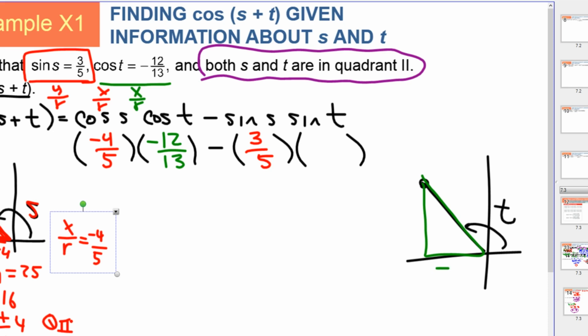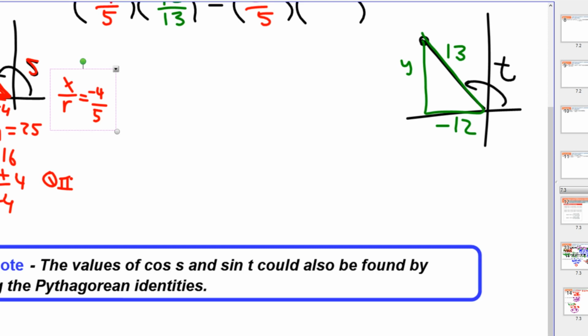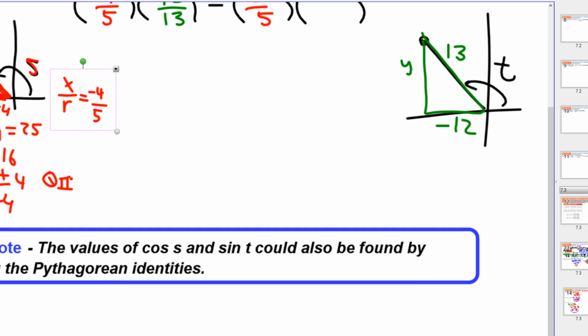They're giving me the x side and the r side in that triangle. We've done this. In order to finish up, I need sine, so I'm going to need y over r, right? So I need that side. You can use Pythagorean theorem again.